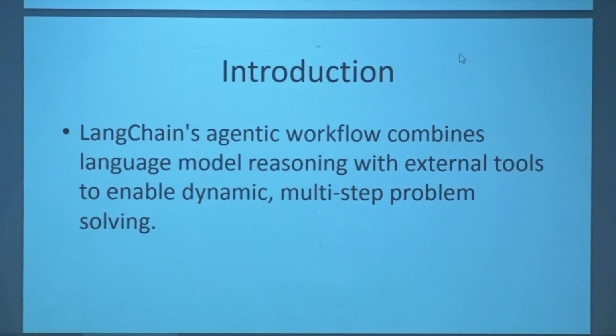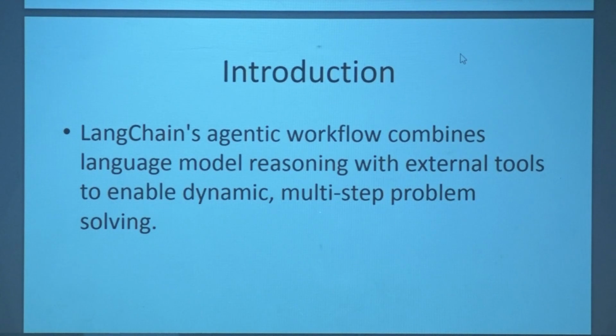It is our ability to create those tools, with external tools, to enable dynamic, multi-step problem solving. And the kind of problems it can solve are pretty complex. We'll demonstrate the tip of the iceberg today. But those of you who understand what I'm saying will understand that we can go far beyond. Okay, next.